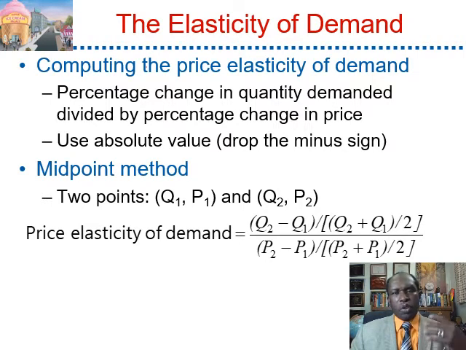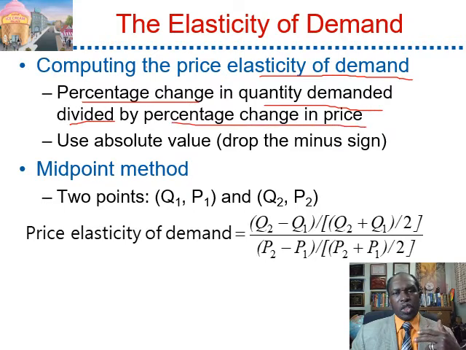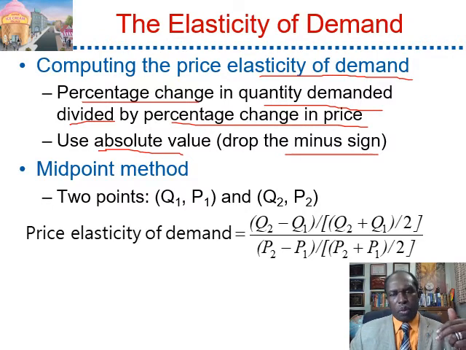So to compute the price elasticity of demand, the first method is taking the percentage change in the quantity demanded divided by the percentage change in the price, and we use the absolute value, dropping the minus sign. For instance, if the price of gasoline increases by 10%, the quantity demanded of gasoline will decrease by 5%.